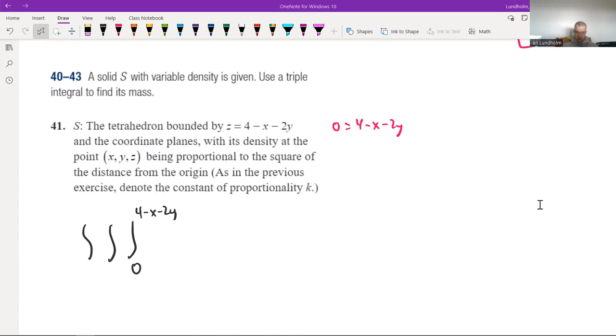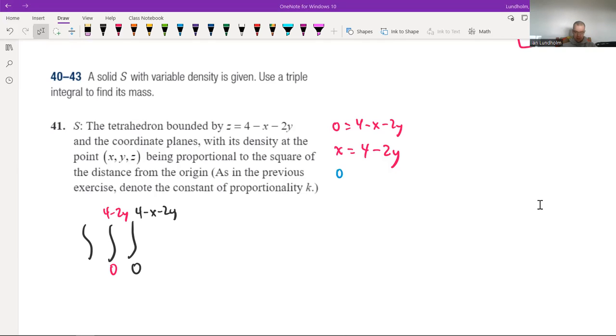Well, let's just solve for x. X is 4 minus 2y. And so that could be a good second equation where we go 0 to 4 minus 2y. And then the last one we can find where those intersect.